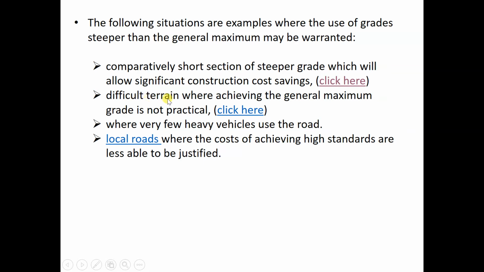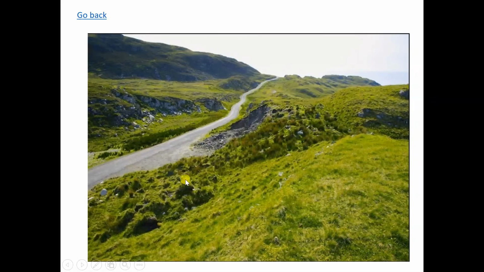Second, difficult terrains where achieving the general maximum grade is not practical. This one is considered quite difficult terrain, going straight up the hill. Normally we go up a hill with a zigzag, going left, going right, so that it covers more distance and the slope is gentle.